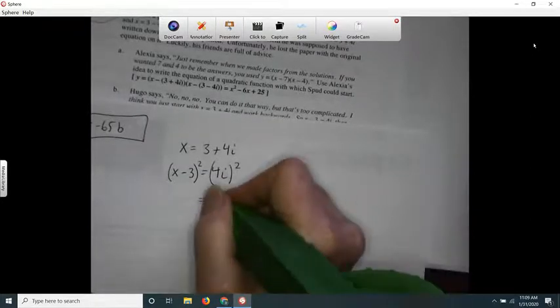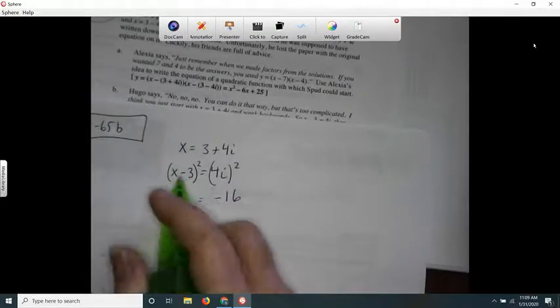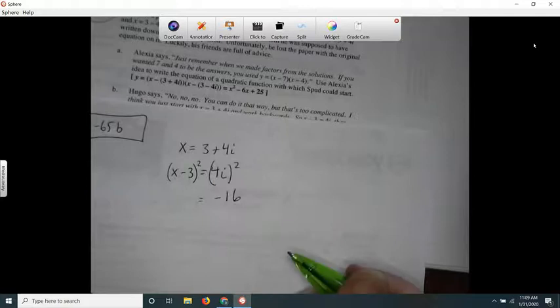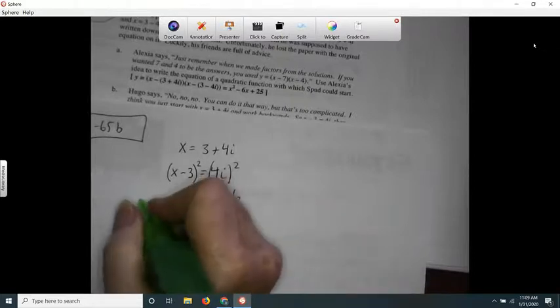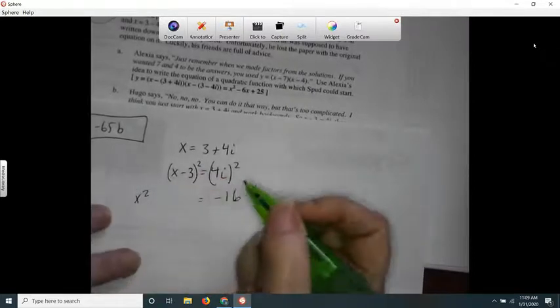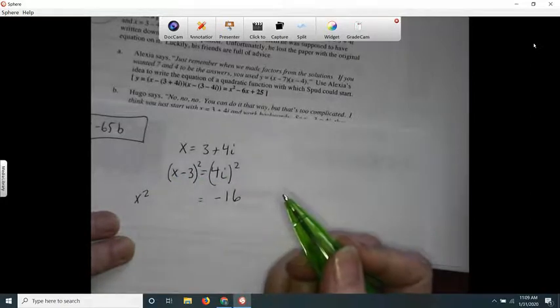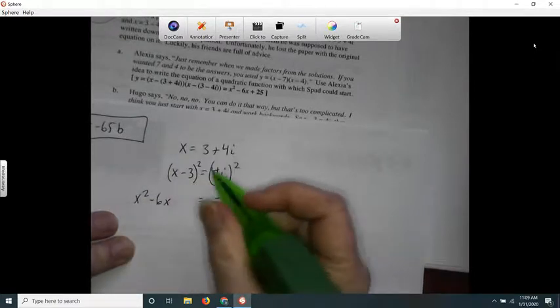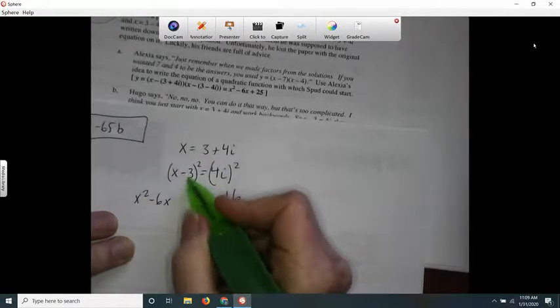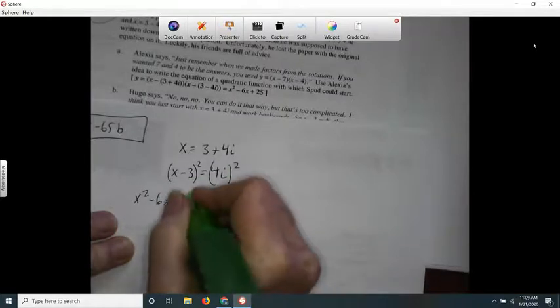And then if I square this out, I get x squared. And then this times 2, so minus 6x. Oh my gosh, this is going to be much easier. And then this squared is 9. How's this going to work? And then I add both, and then I can add 16.